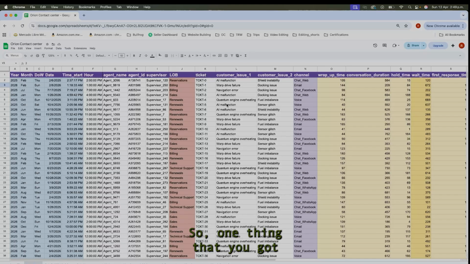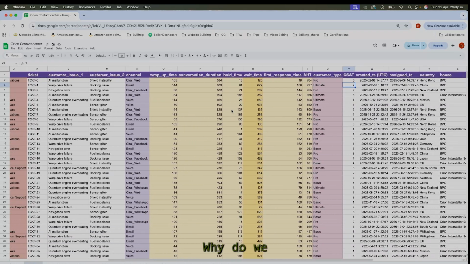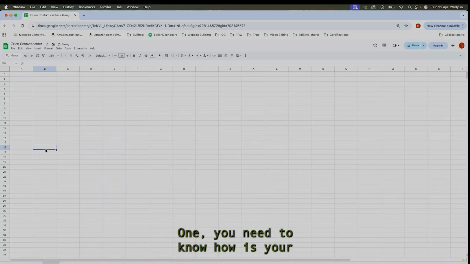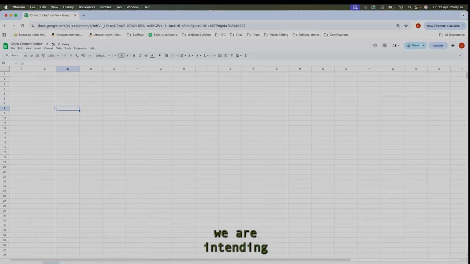One thing that you gotta keep in mind is, why do we have this information? For a couple of things. One, you need to know how your volume is. Volume patterns, incoming volume patterns by channel, which channels are having the most volume, because it involves whether your agents are skilled, if they know how to handle a WhatsApp interaction versus a Facebook interaction versus an email interaction.